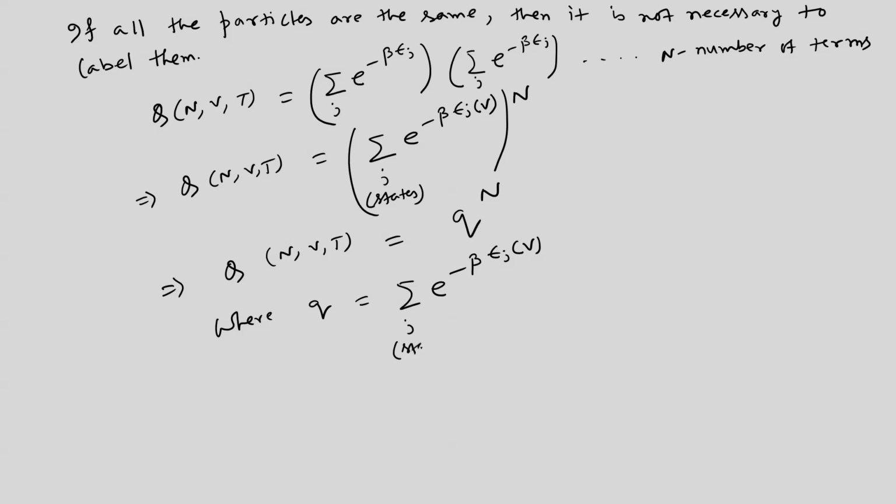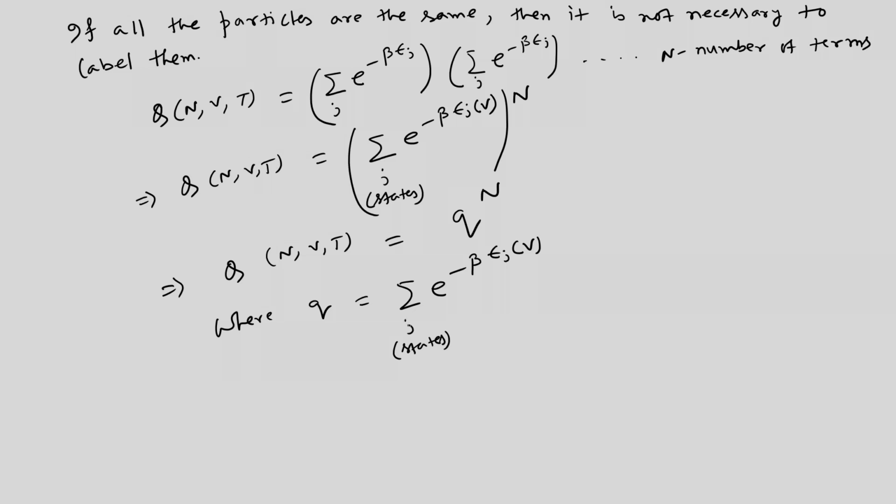Note that here the epsilon j value depends only on volume, unlike that in Ej, where Ej was a function of n number of particles as well as volume V.